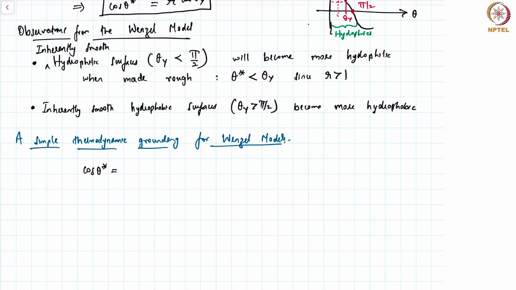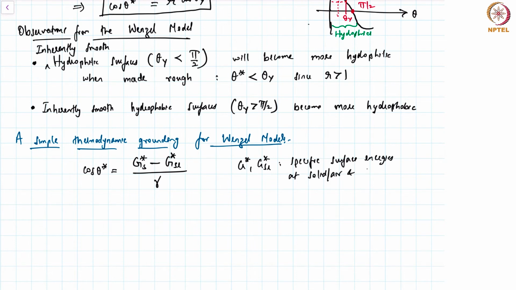This will be, let's say, some G_S, let's call it a star, minus G_SL divided by gamma. So what are these quantities here? G_S and G_SL, these are specific surface energies at the solid-air and solid-liquid interfaces.